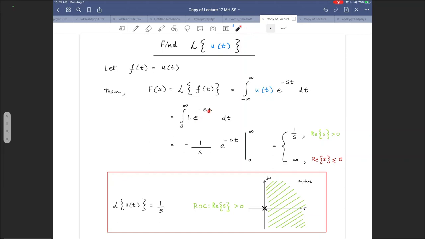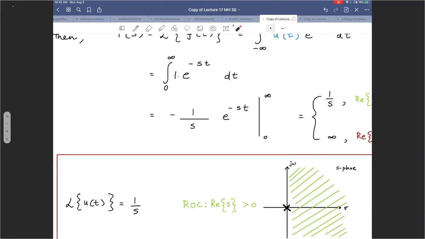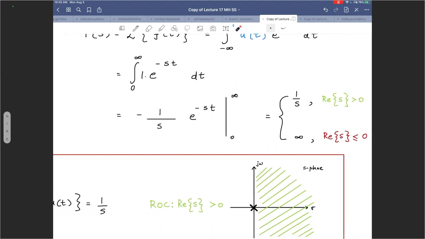This is the exponential function which can be easily integrated, and then you substitute the limits. Now what you have here is negative 1 over s e to the minus st, where t can be infinity or t can be 0. So notice what is going to happen. If you plug in infinity, you will get e to the negative s times infinity.